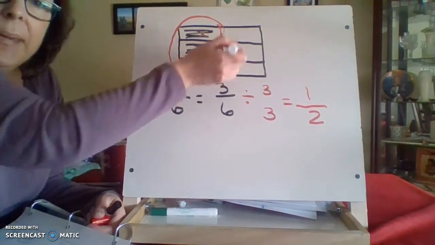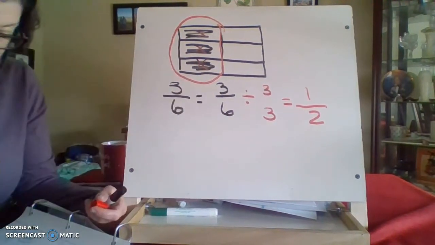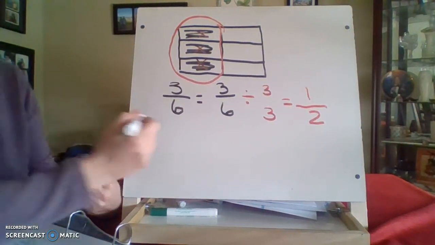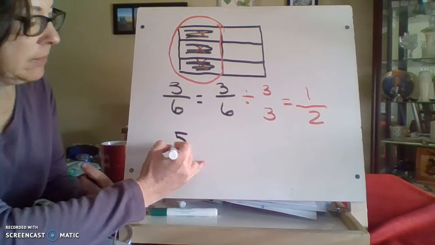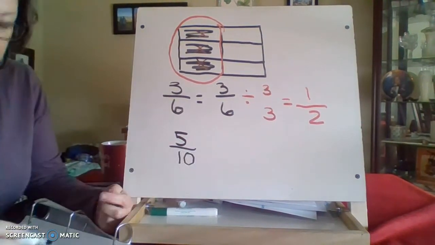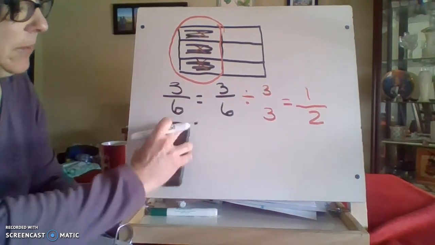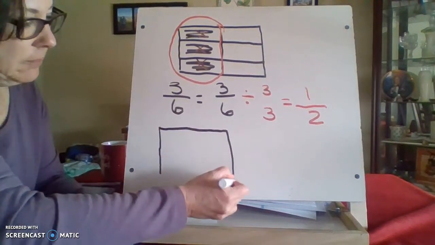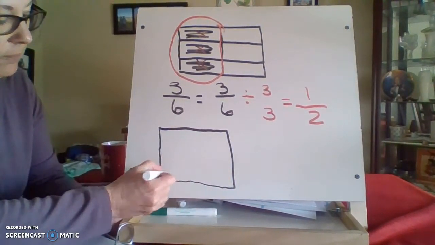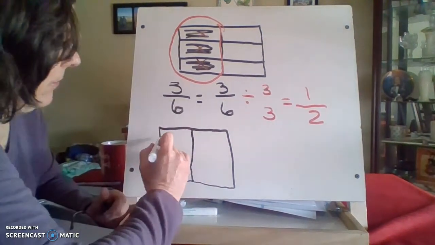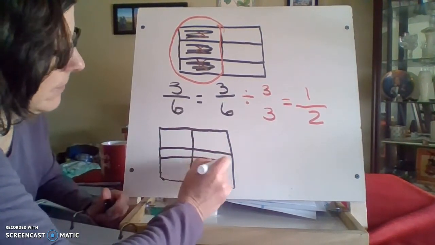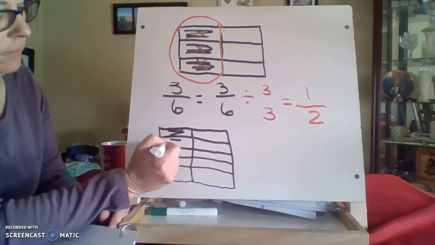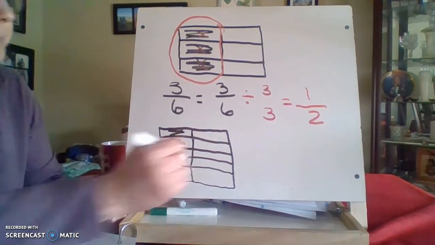Here's my smaller pieces, 1, 2, 3. Here's my one big piece, 1. I can also look at an example like 5/10. Let me do my diagram first. Okay, so I've got my 5/10. 3, 4, 5.